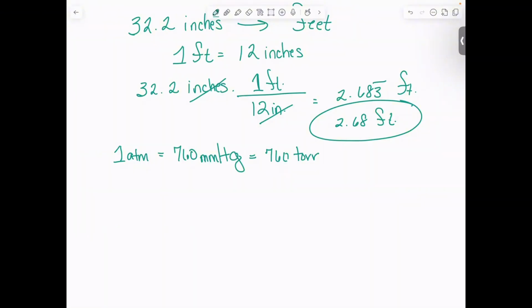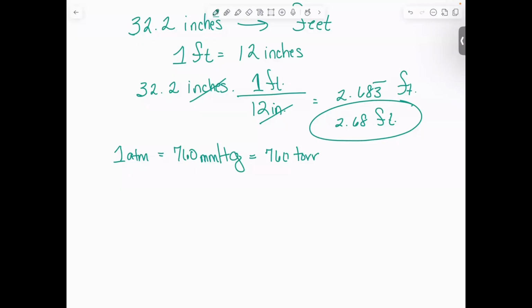So what I like about this particular part of the unit is that if I have 760 millimeters of mercury, or the mmHg, I also have 760 units of pressure in torr. Now, as a side note, torr is short for Torricelli. He was, I think, an Italian scientist, and that unit was named after him, in honor of him.